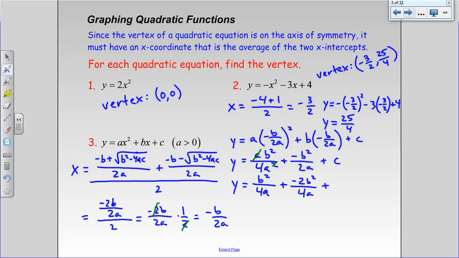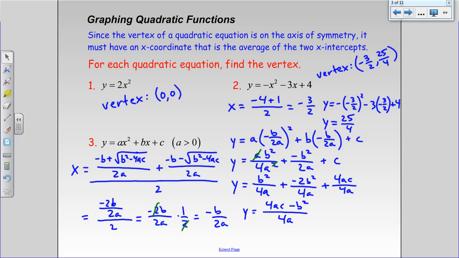And the third expression, c, needs to be multiplied by 4a in both the numerator and denominator. Now that all these denominators are the same, we can add them together to obtain an expression for y, 4ac minus b squared all over 4a.